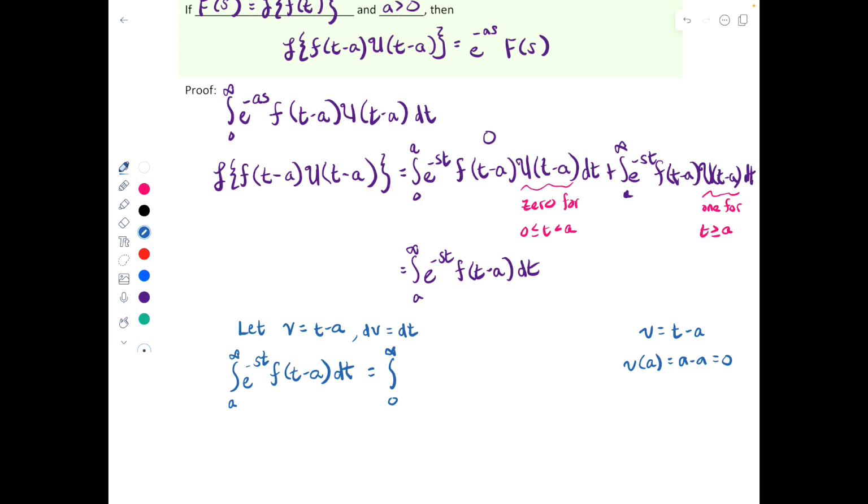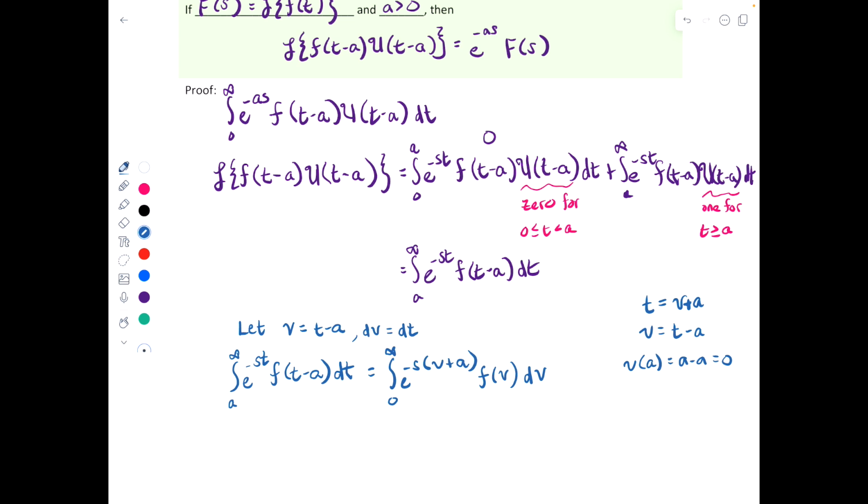And then looking at isolating t, t would end up being v plus a, I'm sorry. And I think we have all we need. So we will get e to the negative s, in for t, we have v plus a, times f at v dv.